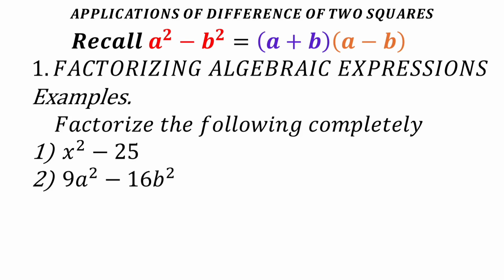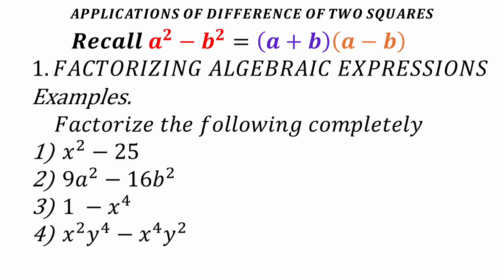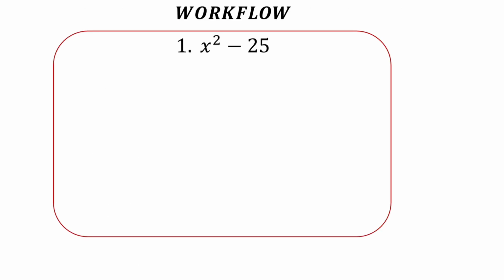We'll be using these examples to look at how we can factorize algebraic expressions by applying the principles of difference of two squares. The first example is x squared minus 25. If you remember our formula, you're supposed to make sure that we have two squares and a minus sign between the two. x squared is already x squared, so we don't need to worry about that.